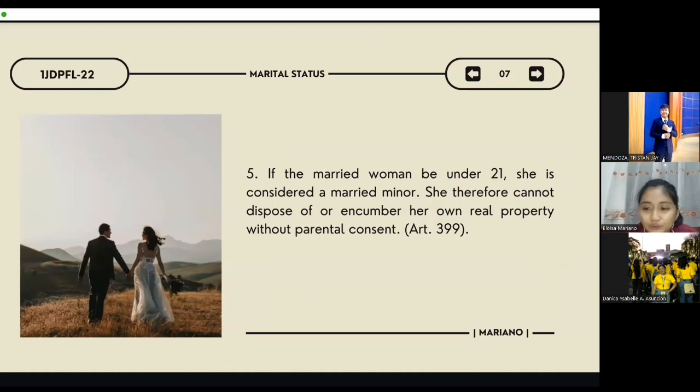According to the Code Commission, the fact that a woman is a wife modifies her capacity to dispose of the conjugal property or to bring an action, though her capacity to act is not limited in the sense that a minor's capacity is limited. In order for you to understand this, Miss Danica will be giving you examples.